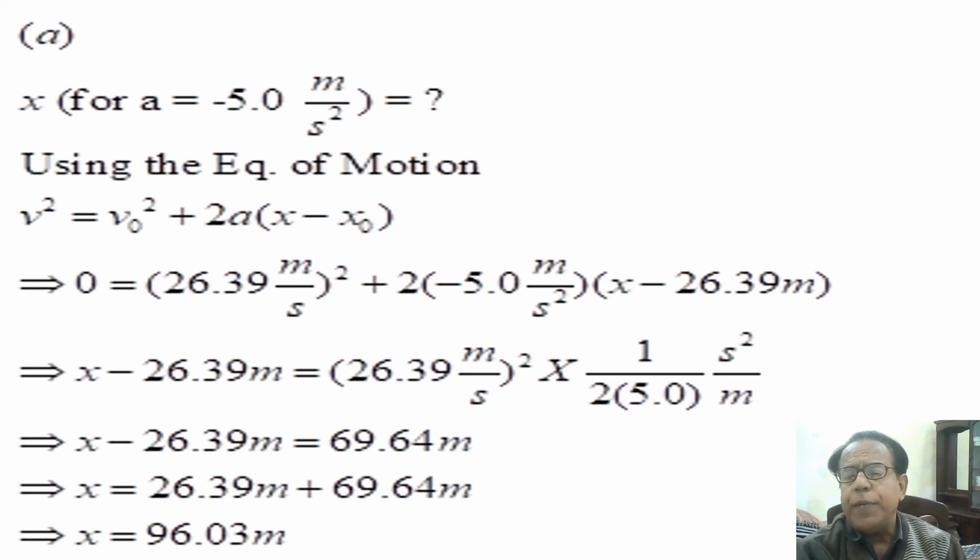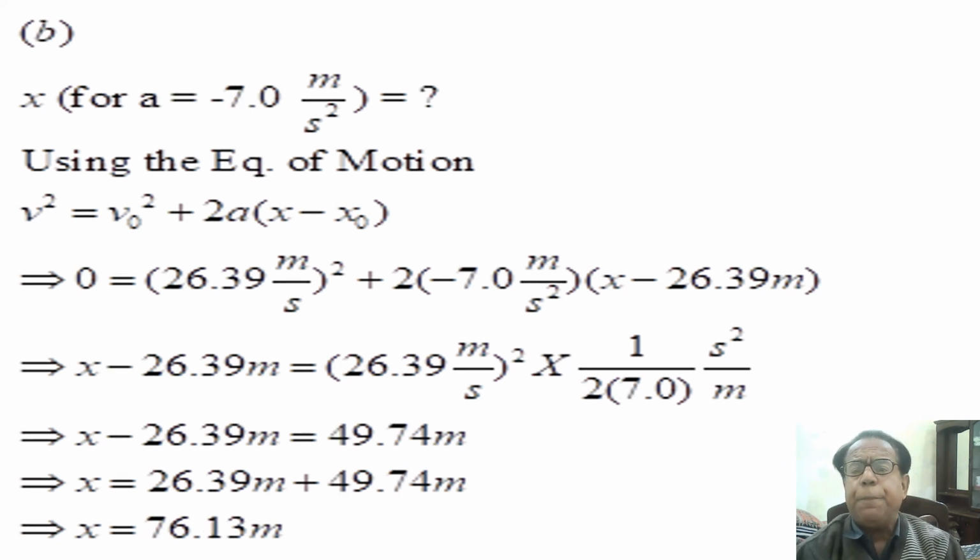Now we move on to the next slide to see the solution of part B, in which we will consider the value of acceleration as a equal to minus 7.0 meter per second square. The remaining part will be quite similar.